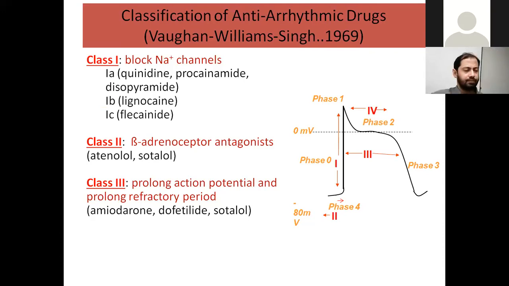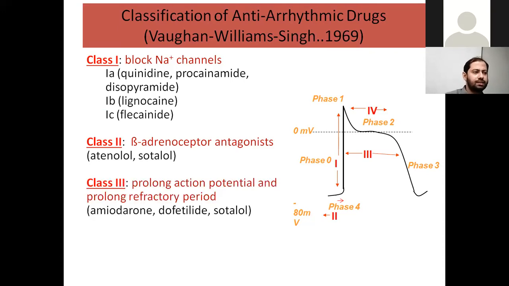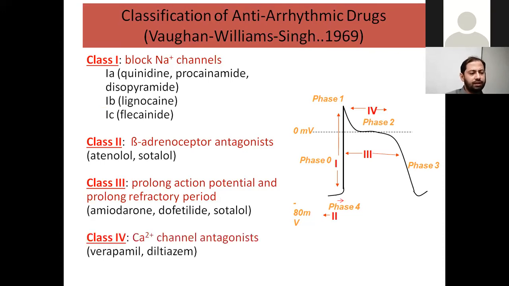In contrast, all of the drugs included in class 2 are the beta blockers, like atenolol and sotalol. Both of these drugs are beta blockers. If we talk about the class 3 group, these are the potassium channel blockers. And if we talk about the class 4 drugs, they are the calcium channel blockers.